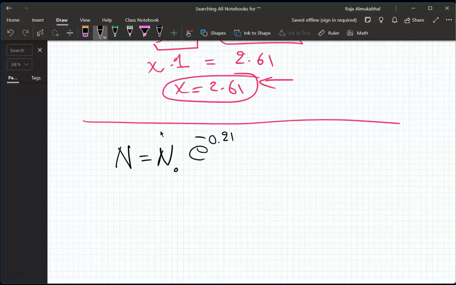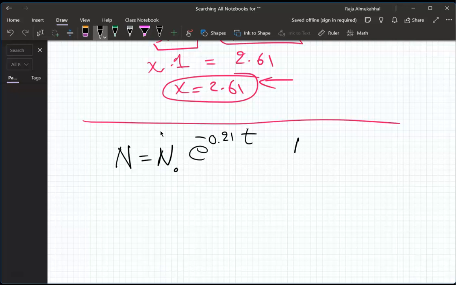This equation is called exponential decay. The 0.21 is called the decay constant. The t here is the time. N naught is the initial number, and N is the number after some time t.